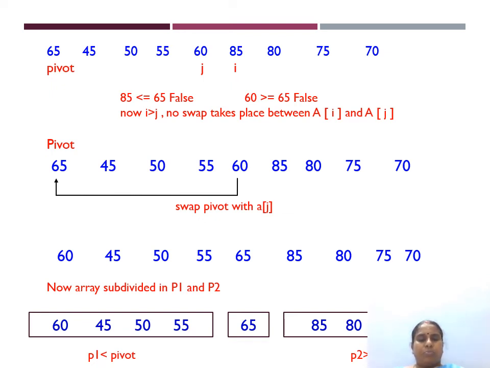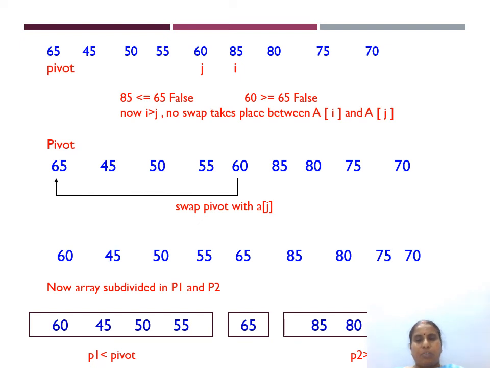Now 65 is in the center, the smaller values are on the left hand side and the greater values are on the right hand side. In subarray 1 we have the smaller values, in subarray 2 we have the larger values. So each subarray will be solved separately.